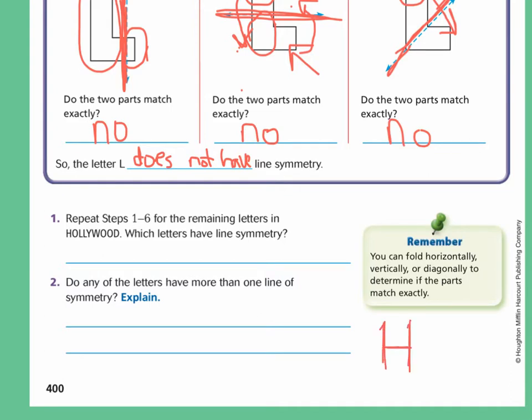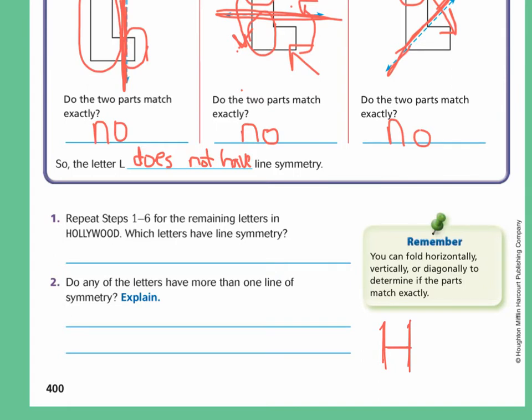If I were to draw, let me pick a different color here than red, this horizontal line right here, if I were to fold them down, like a taco or hot dog bun, they would actually match. The top section and the bottom would be a mirror image of each other.